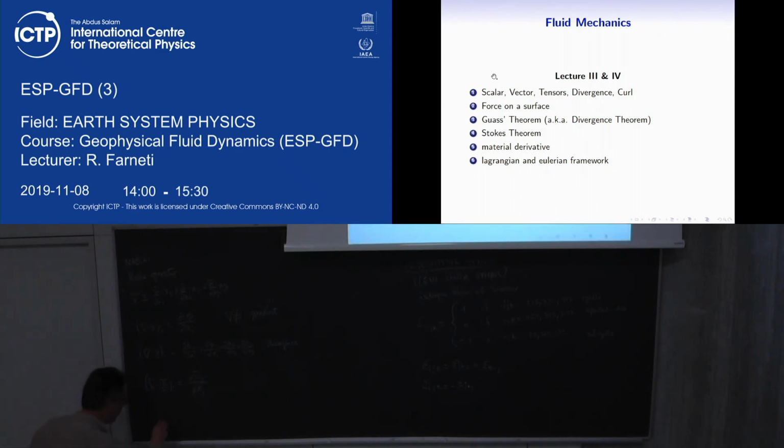So for i equal 3, for example, same example as before, this is going to be tau 3j. For example, we're looking at vorticity, so you just expand for i equal 3.